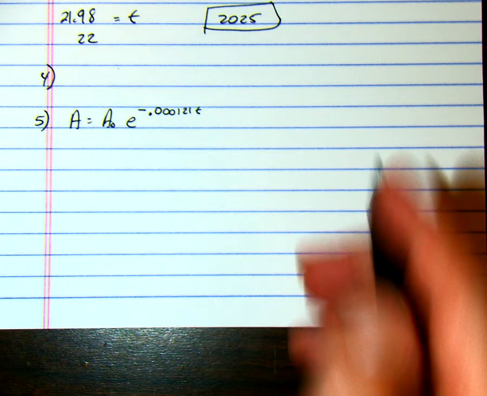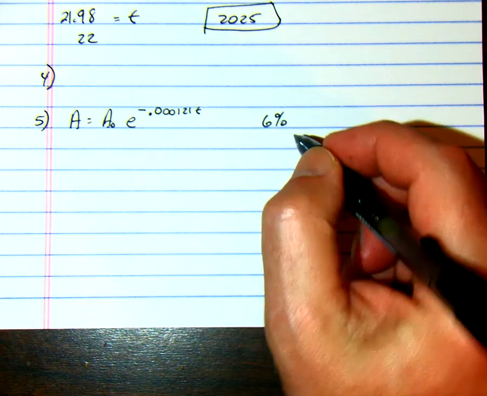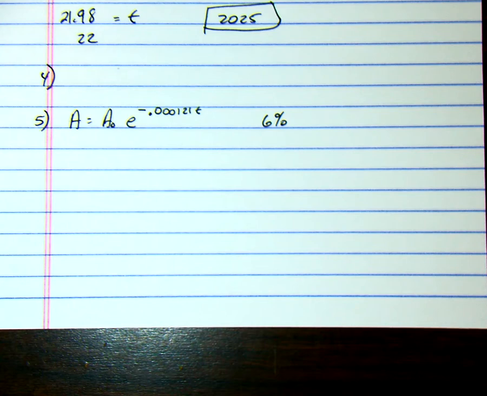Wow. We are stuck. The only thing that we know is we have 6% of the original carbon-14 left. So this is going to be the only time in math, maybe not, I don't know, that we're going to make up numbers, because we weren't given any numbers.